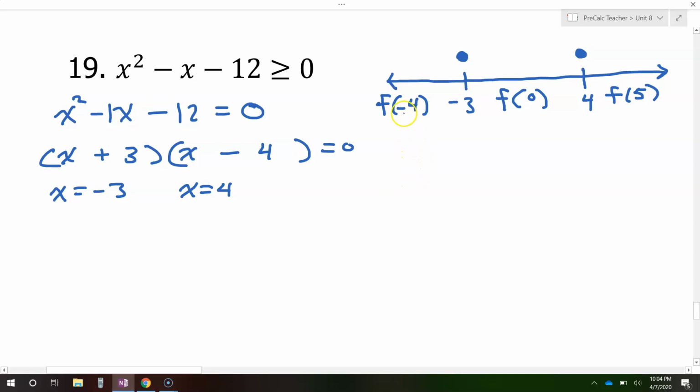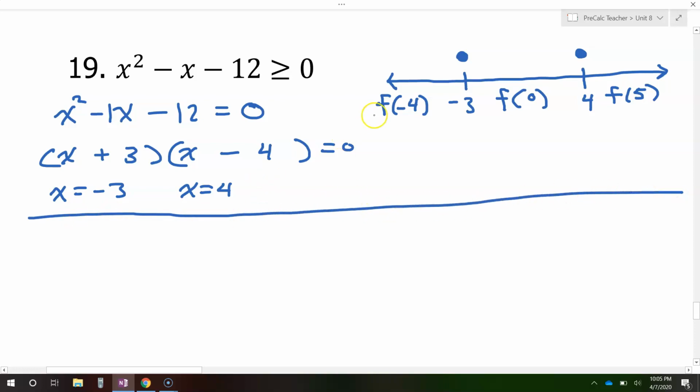So if I substitute -4 in here, I think I will do the calculations down here somewhere. So if I substitute in -4, that would be -4 squared minus -4 minus 12.